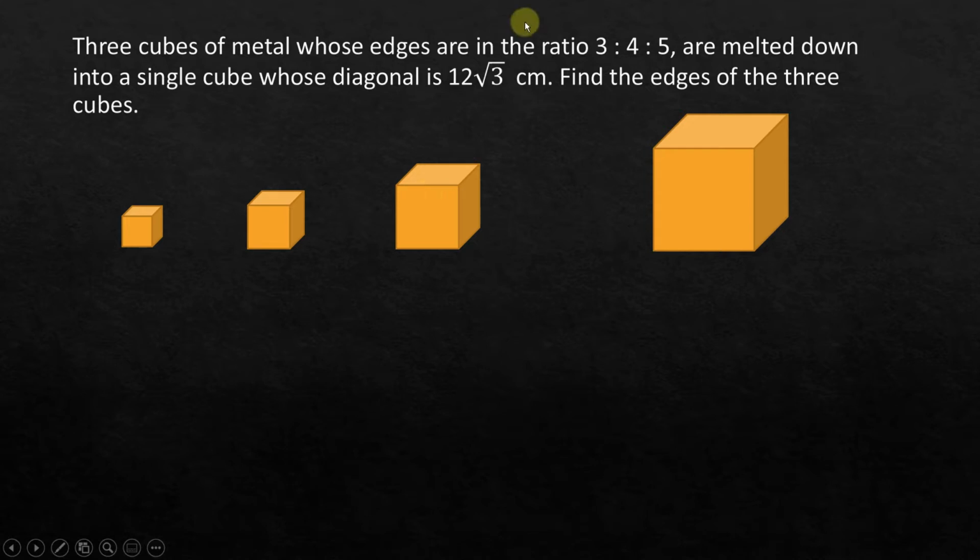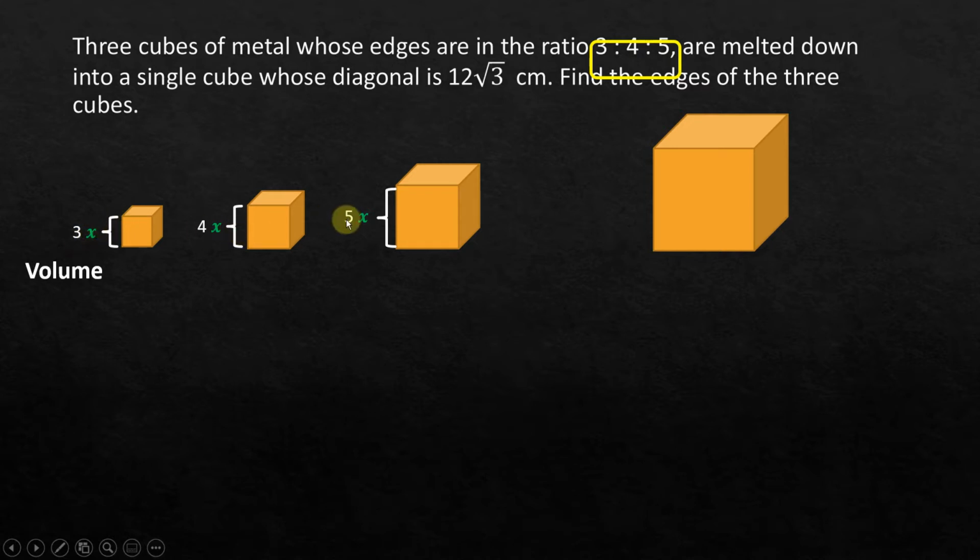So first, when we have a ratio like this, 3:4:5, the actual values would be 3x, 4x, and 5x. So let's say the edges are in the ratio 3:4:5.